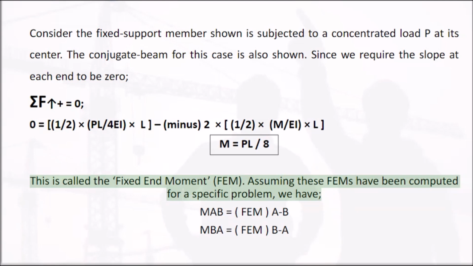This is called the fixed end moment, FEM. Assuming these FEMs have been computed for a specific problem, we have M_AB equals FEM_AB, M_BA equals FEM_BA.